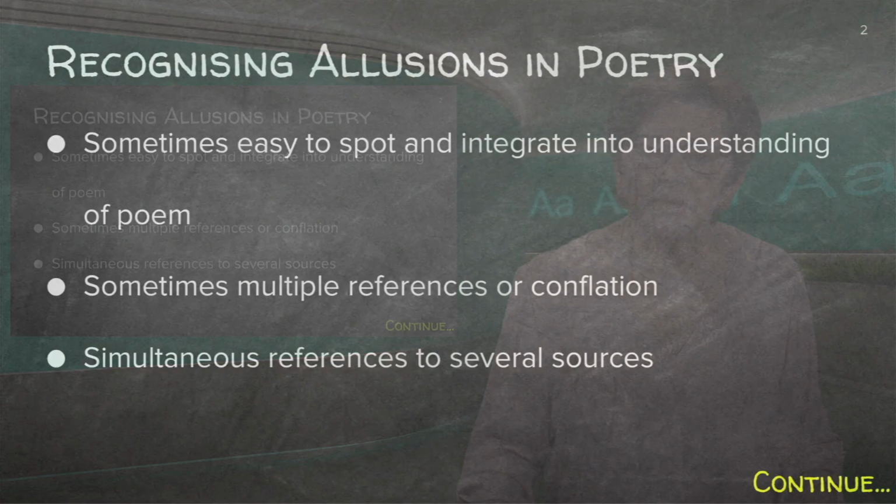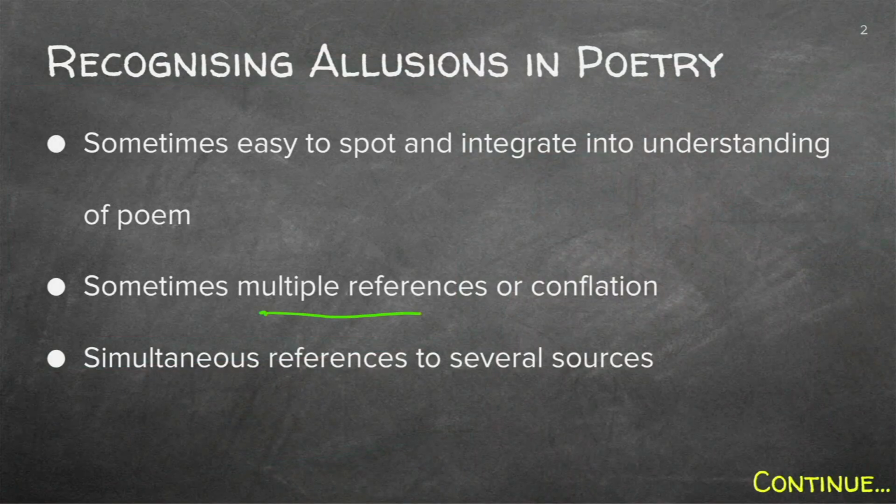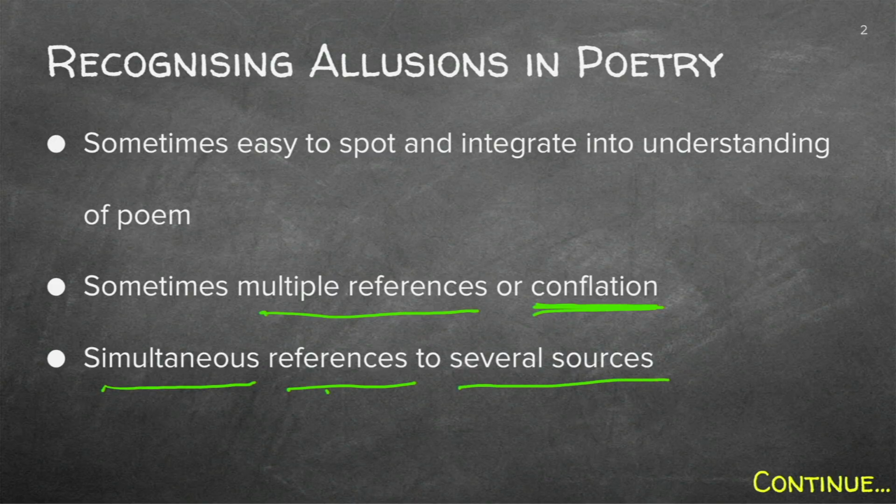However, sometimes there are multiple allusions and multiple references used within a poem, and we call that a conflation of references, which means that simultaneously references are used from several sources.